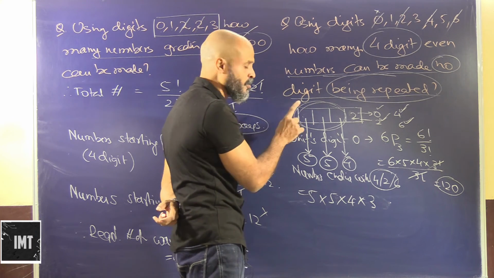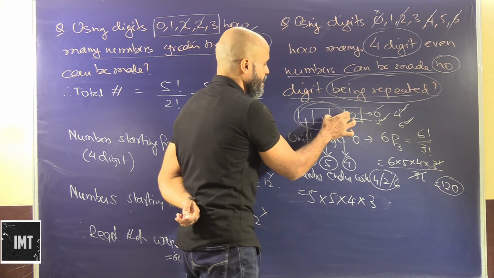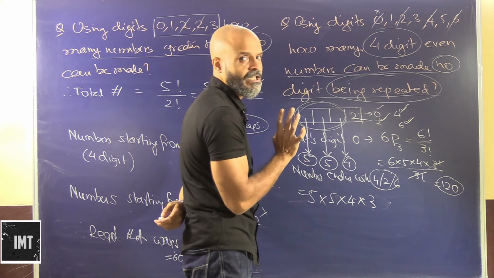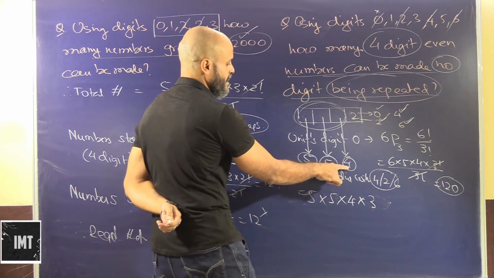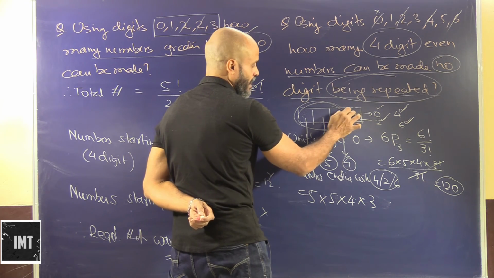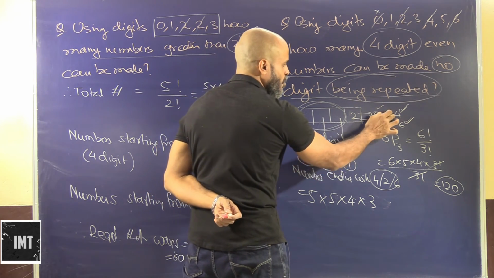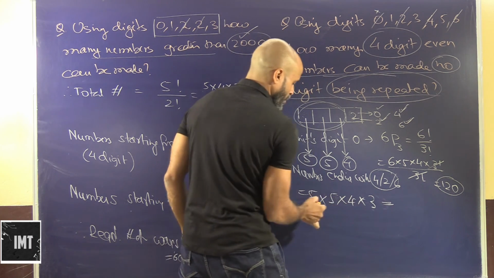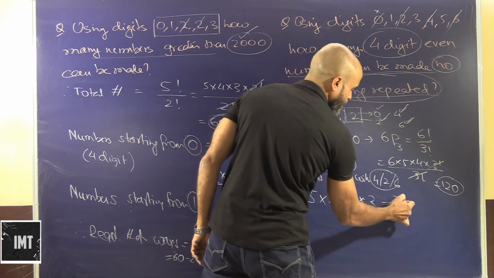Two digits are used, so that leaves us with 4 digits here. Each of these can be filled with a 2 or a 4 or a 6, hence the 3. So this will be 25 times 4 is 100, times 3 is 300 ways.